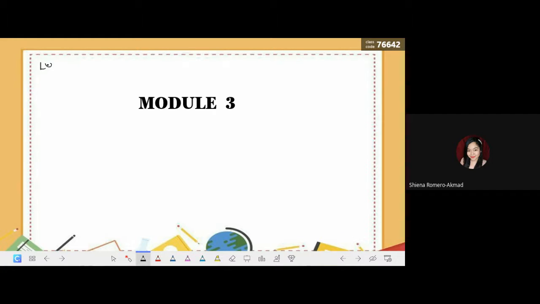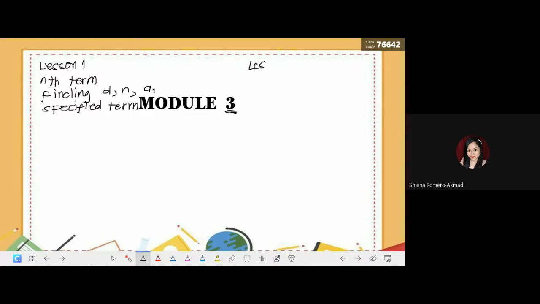So, yung lesson 1 natin ng module 3 ha, is about the end term ng sequence, about finding D, finding N, finding A sub 1. Okay? Or kasama na rin dun yung finding the specified term.